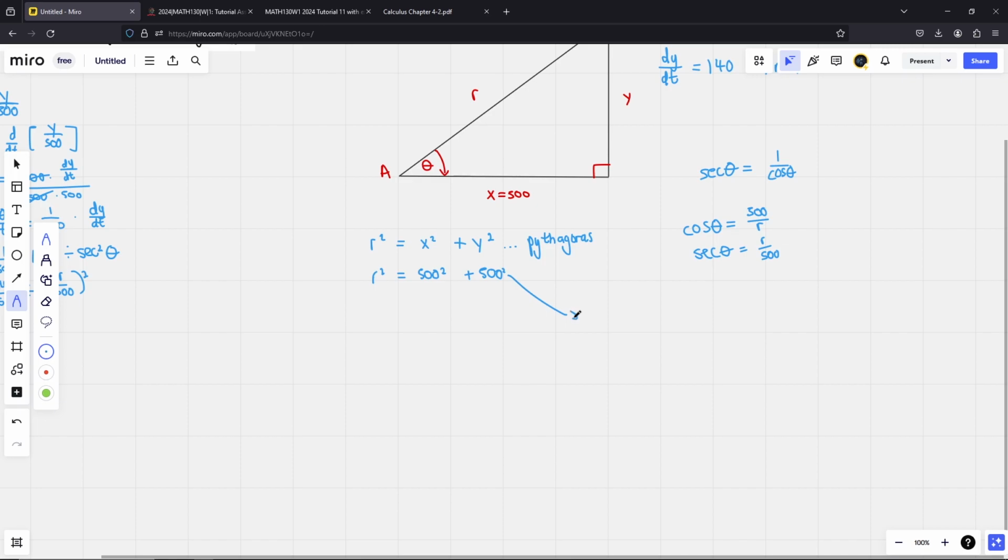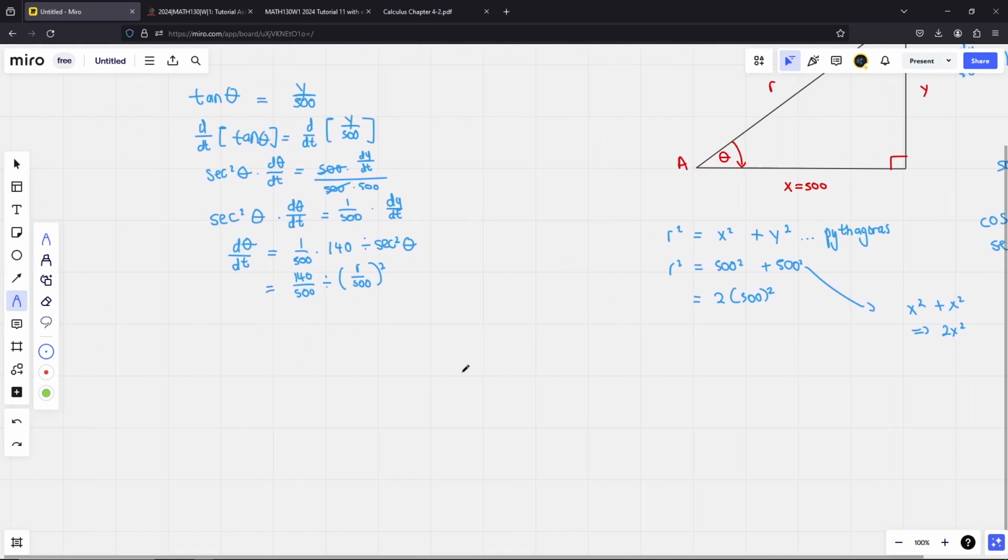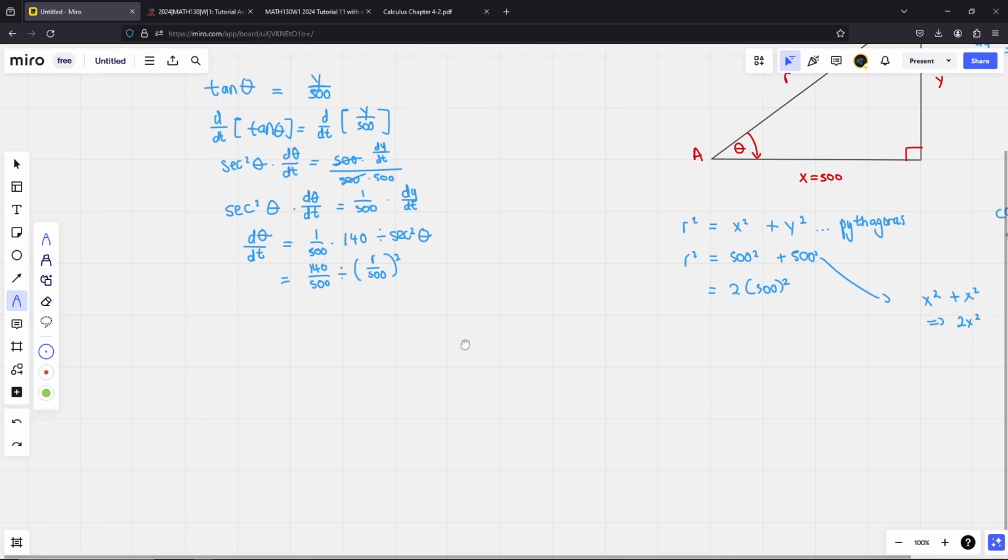So let's think about this, because I'm not just going to sub that in, that looks confusing. If I had x squared plus x squared, I can rewrite this as 2x squared. So what stops me from writing this as 2 times 500, all squared? Can you see that? That's the same as 2x squared. So now that looks better to sub in.